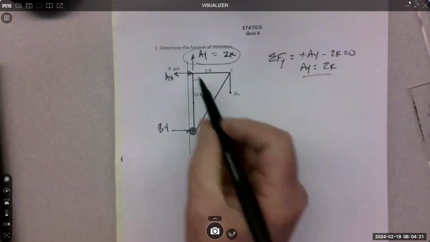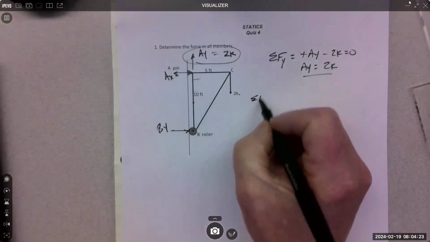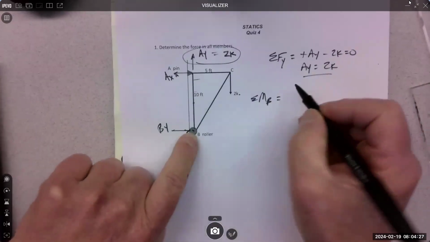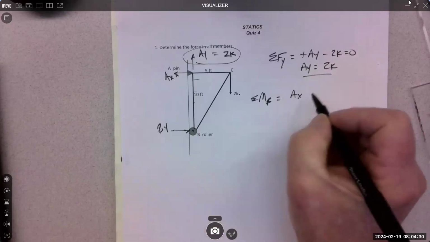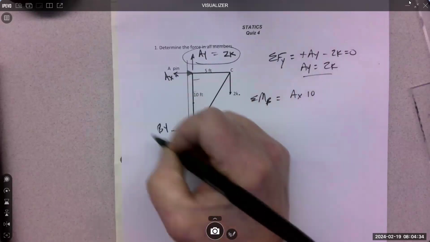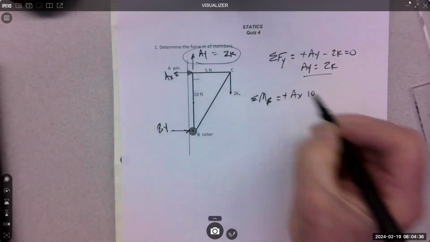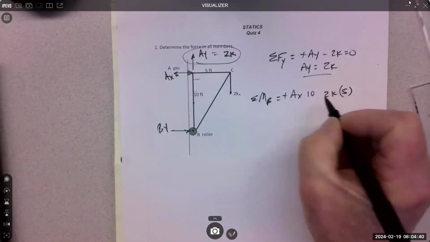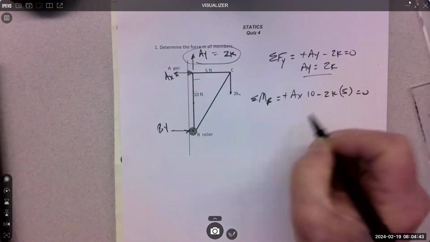Moments at B will give you AX. So moments at B, right here, AX times 10, and that rotation is plus, and then 2K times 5, and that rotation is minus, so it equals 0.